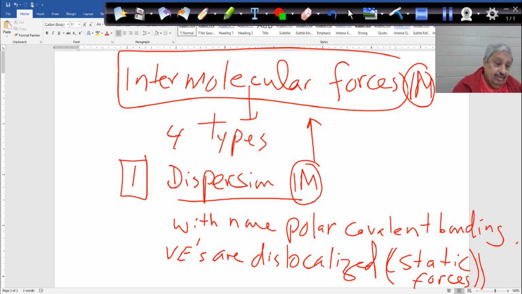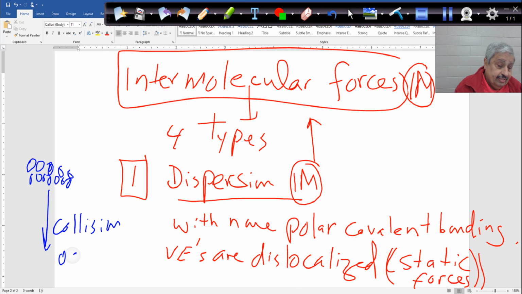So here you have normal atoms. Then you have a collision here. Now, instead of having this, one electron here leaves a hole, and this electron will jump into this area in the second row. So this one will be missing an electron, partially positive.